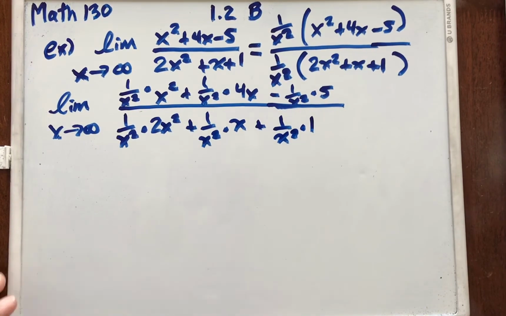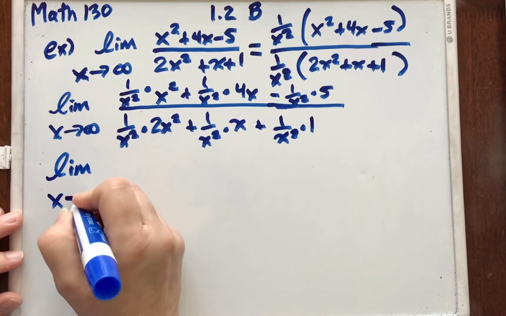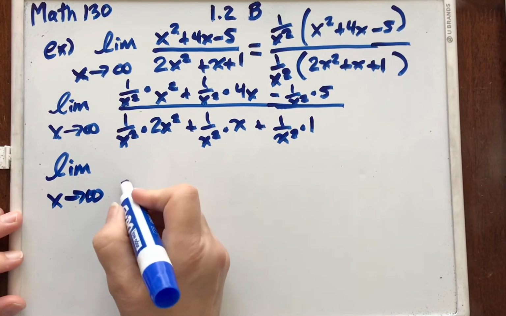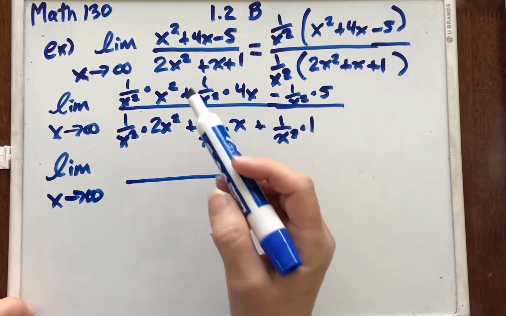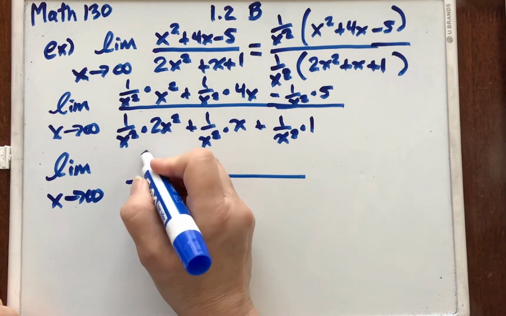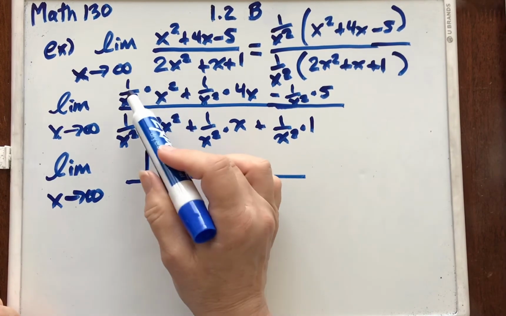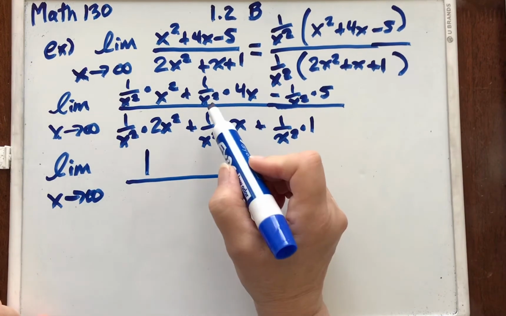Let's simplify what we just did in the next step. Limit as x approaches infinity. Notice, what is x squared times 1 over x squared? That's right, it's just 1. Then we go on to the next one.